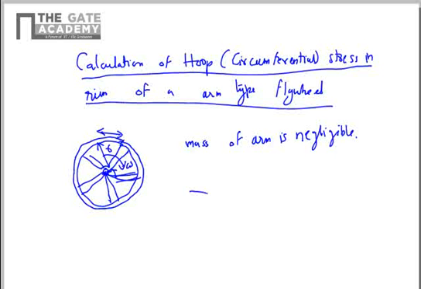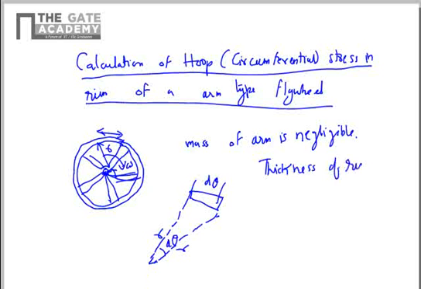For that we will take a small element of the rim, having angle d theta, and from the center the radius of this element is r. The thickness of the rim is negligible.